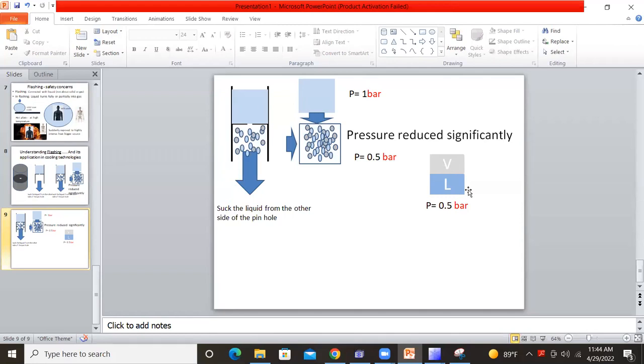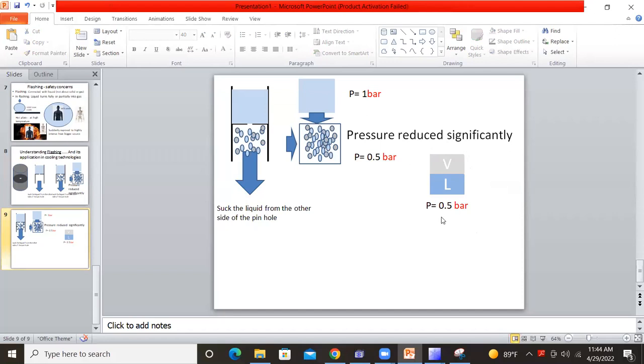No. Temperature drops, and part of the liquid's energy is taken by a portion of the liquid itself, which turns into vapor. That energy is taken from the liquid itself. As a result, de-energized liquid means temperature drops.